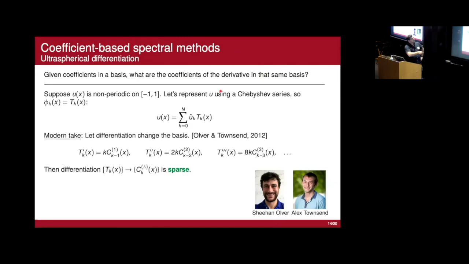If you go to the NIST Digital Library of Mathematical Functions and look up identities for various families of orthogonal polynomials, you'll find a table that looks like this. If I take a derivative of a Chebyshev polynomial, it has this nice property that I get back a single polynomial. So T_k maps to C_{k-1}, where C is called an ultraspherical polynomial of parameter 1.